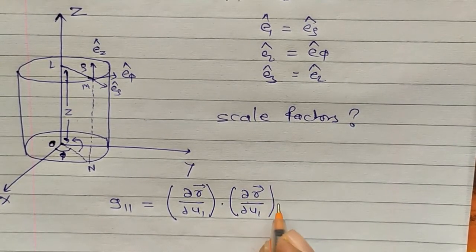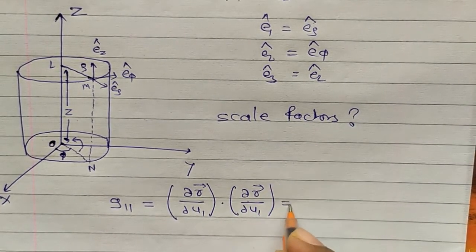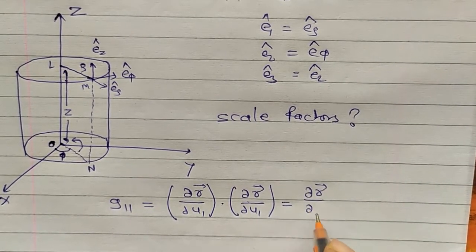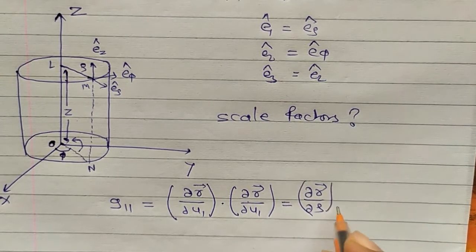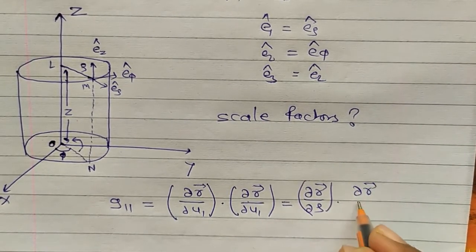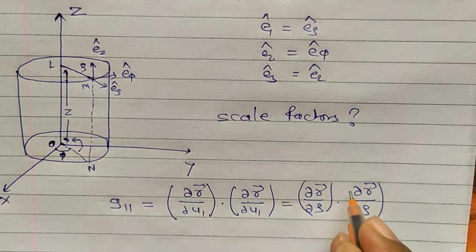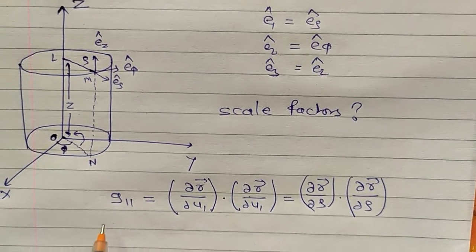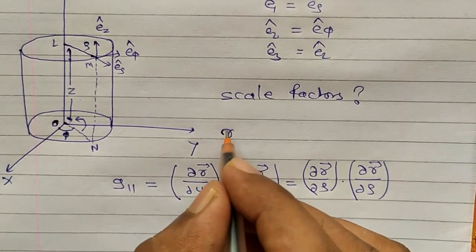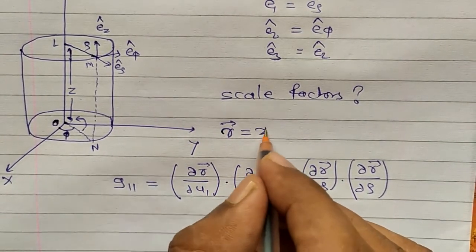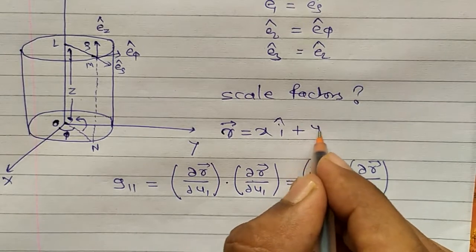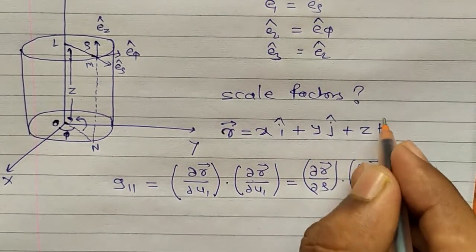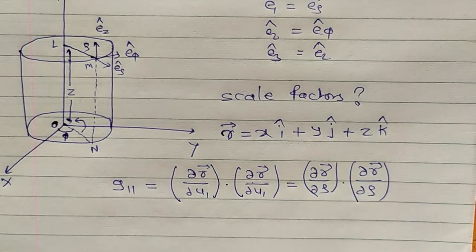Here you can see u1 is rho, so it will be delta R bar by delta rho dot delta R bar by delta rho. So I need R bar also. You know, the expression for R bar in the Cartesian coordinate system was x i cap plus y j cap plus z k cap.